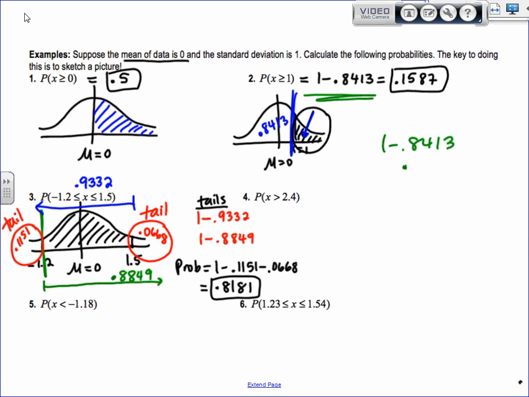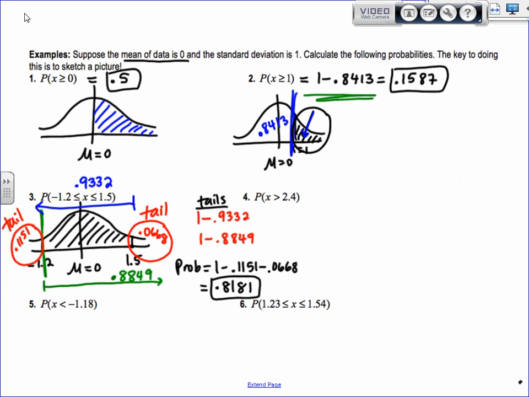So if I add to get 9, I'm going to have 1, 5, 8, but then I want the very last number to add to be 10. So I get a 7, because this becomes 0, I add a 1, that becomes 10, I add a 1, this becomes 10, I add a 1, right? It makes 1 when you add them. So on this one that I just did, 1 minus 0.9332, I knew that it was going to be 0.0668, because I'm saying 9, 9, 9, 10 at the end. You see how I'm doing it in my head? So we'll be doing that a little bit.